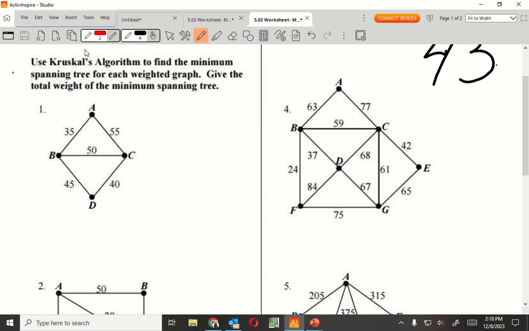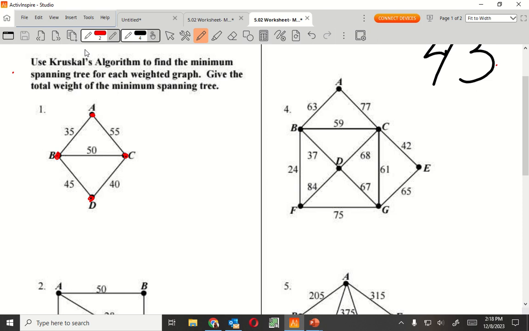So, we're going to use Kruskal's algorithm here to try to find the minimum spanning tree. Now, for this one right here, let's see how many vertices. I have 1, 2, 3, and 4. If I have 4 vertices, how many edges am I allowed to use? 3. N minus 1, right?